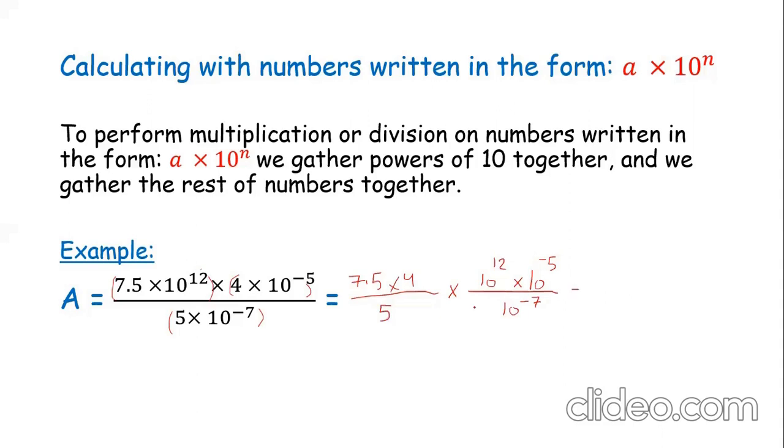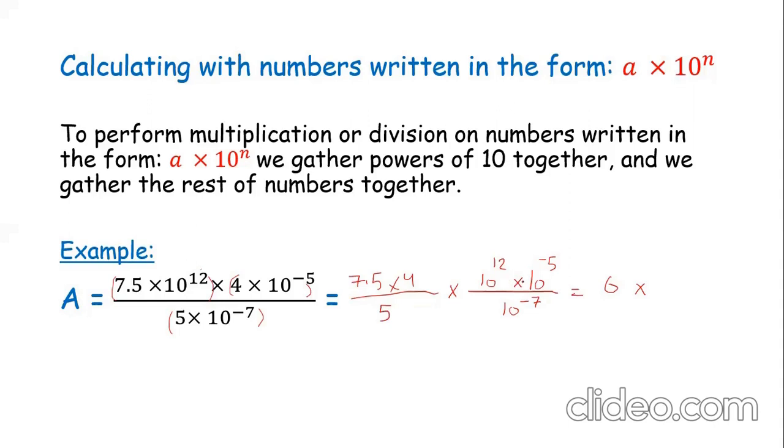So here, this will give me a certain value. I think it will be 30 over 5, 6. The result will be 6 here, multiplied by, we perform the calculations according to the rules we have seen on the previous slides.